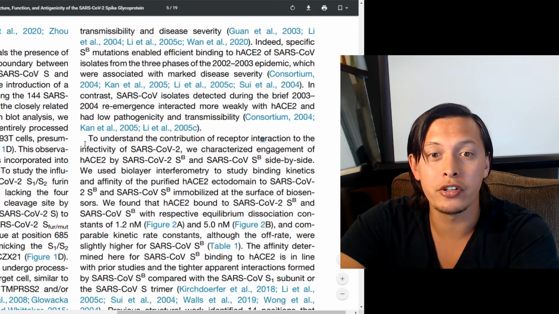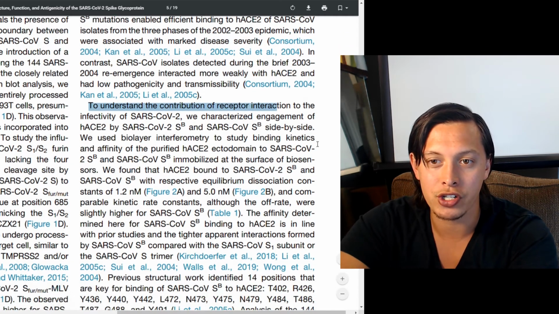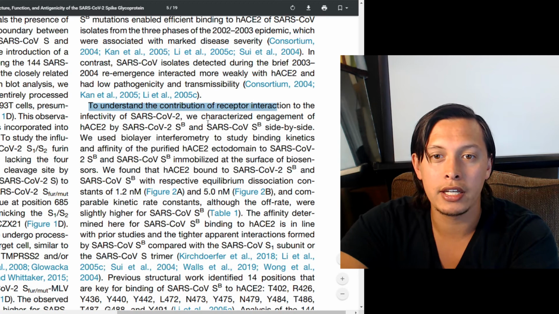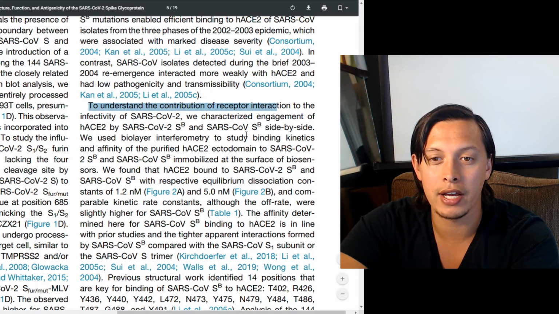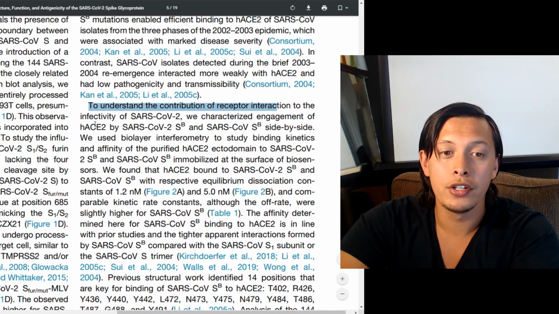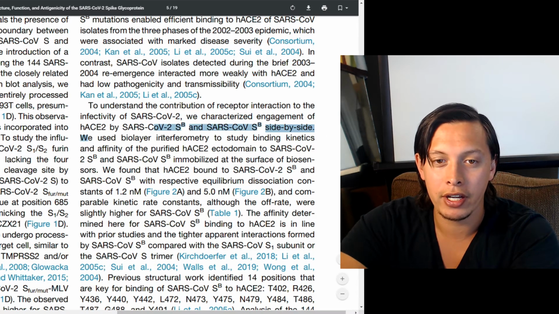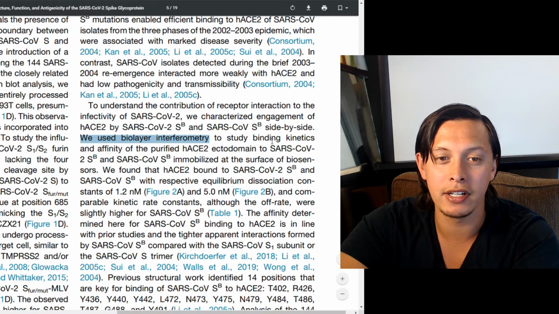to understand the contribution of receptor interaction to the infectivity of SARS coronavirus 2, we characterized engagement of the human ACE2 by SARS-CoV-2 S-SUP and SARS-CoV S-SUP side by side. So we used biolayer interferometry to study binding kinetics and affinity of the purified human ACE2 ectodomain.